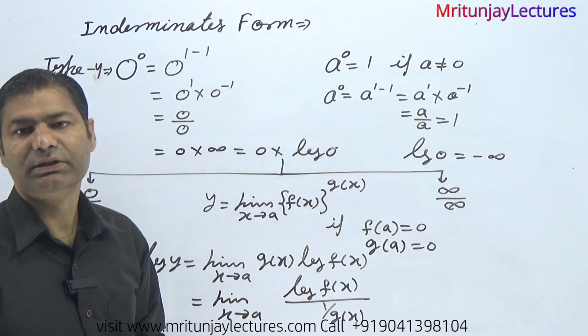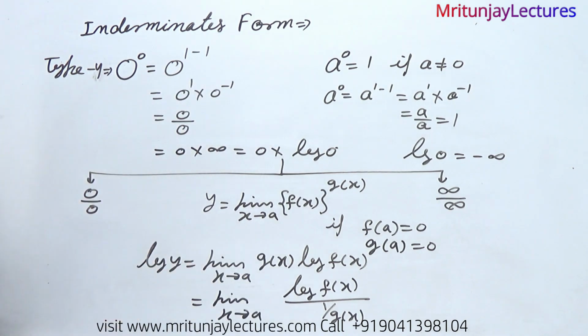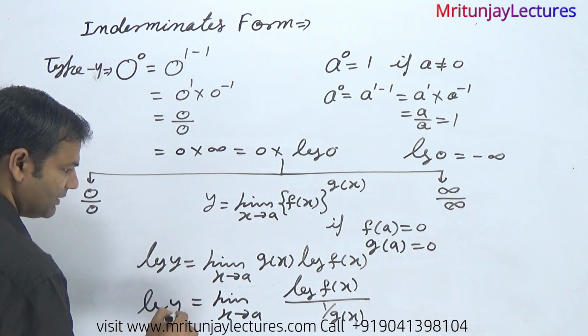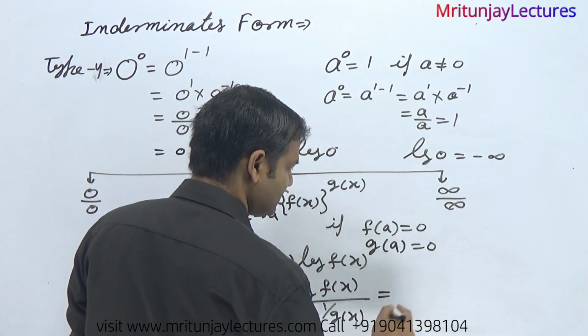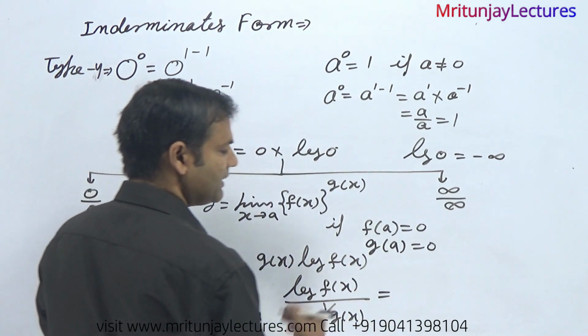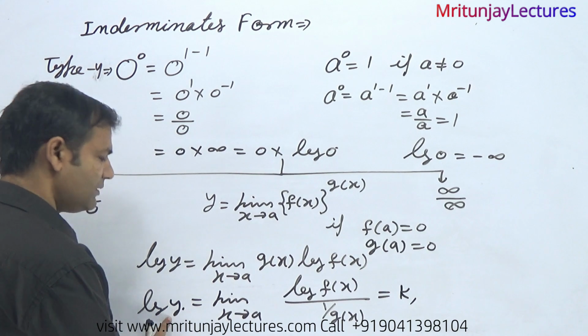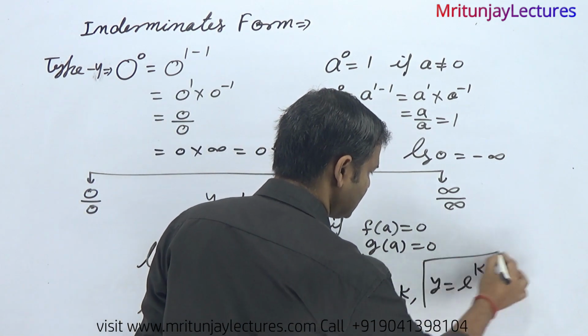Then we get the answer. That is log y, and suppose after solving we get a constant k. Then y is equal to e to power k is the final answer.